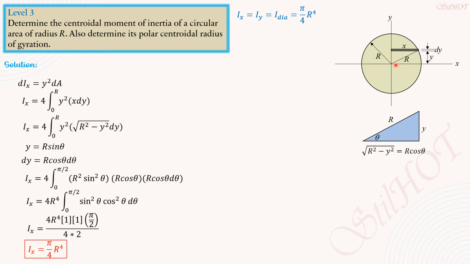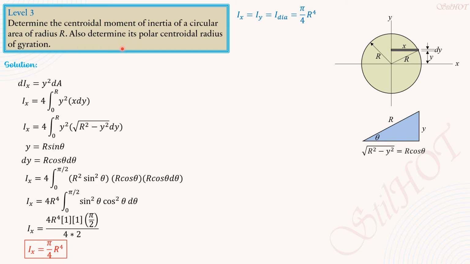I hope you get it. Even if the orientation is different, about the x-axis and about the y-axis, the sense is the same. So Ix equals Iy for this upper semicircle, pi over 8 r to the fourth. For a quarter circle alone, it is 1/4 of this value, so pi over 16 r to the fourth.